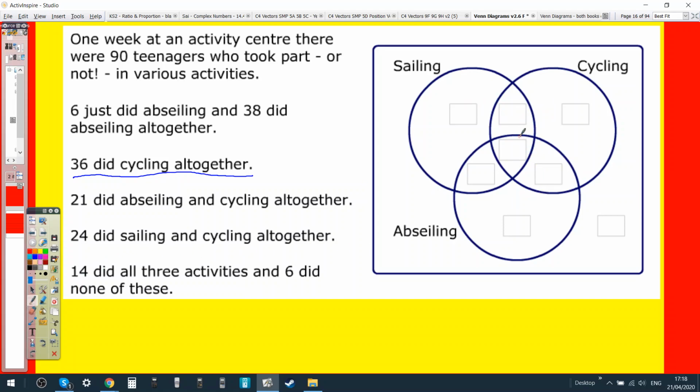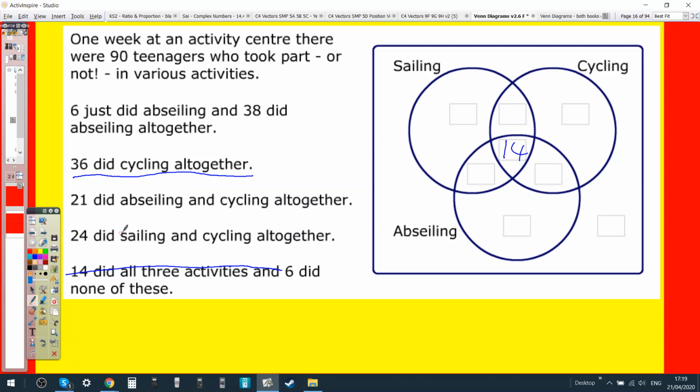So you start from the very middle and then you work next 3 out and then next 3 out. Or you can do outside at any time if you know it. So 14 goes in the very middle.